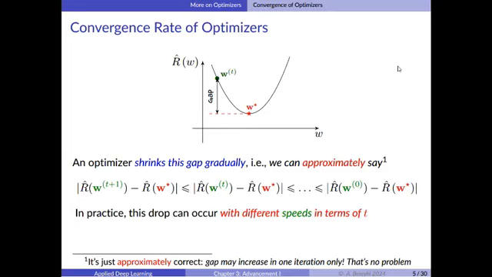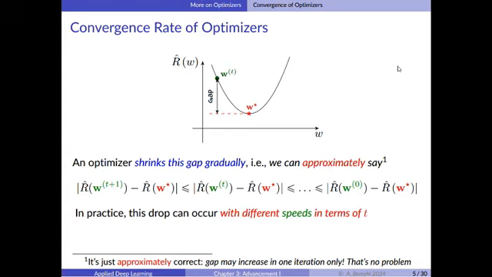So the optimizer shrinks this gap as we go in the optimization process, and we can approximately say, and please note that this is an approximation, that the optimality gap at time t plus 1 is less than or equal to the optimality gap at time t.